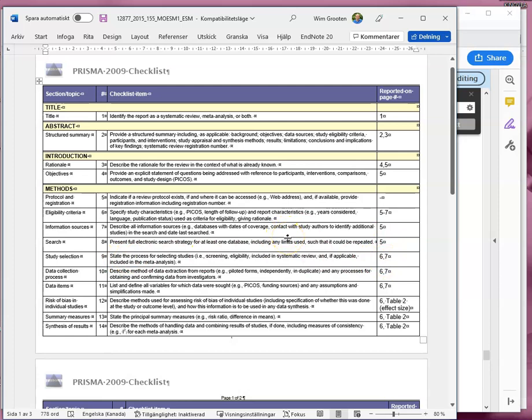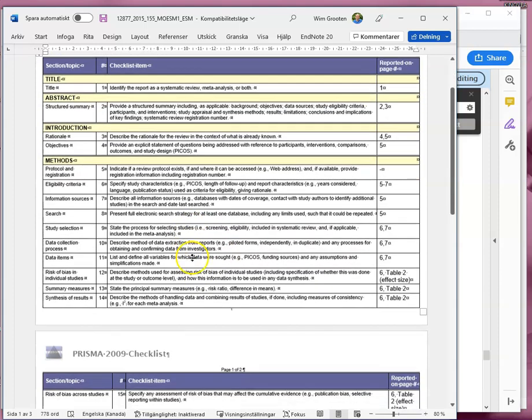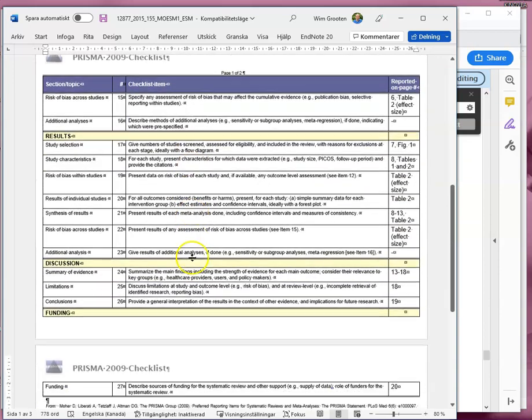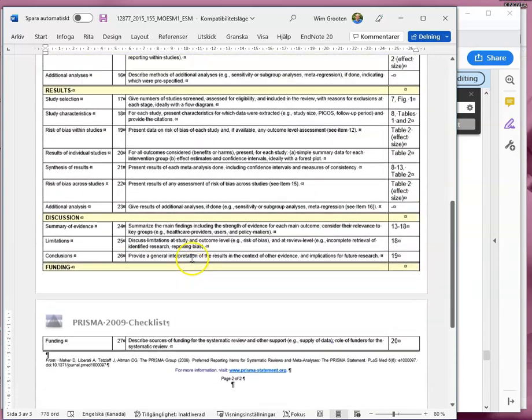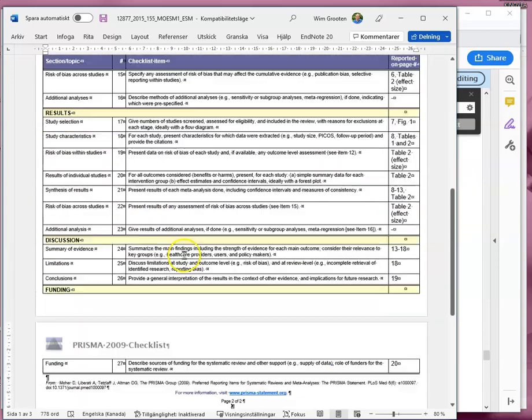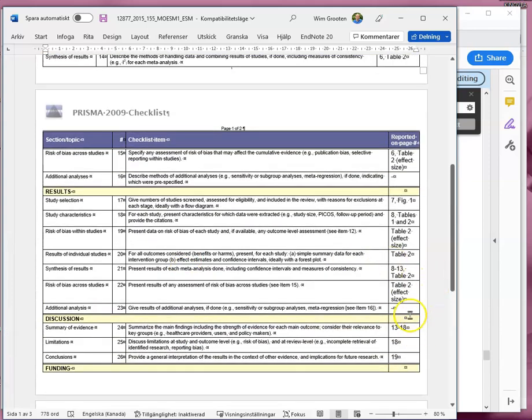If you send in a systematic review, you always have to have this checklist there, so we know that systematic reviews are very, very systematic, that you have published all your results. And you see there's a lot of things you have to report, all kinds of stuff you need to do, and everything is okay.